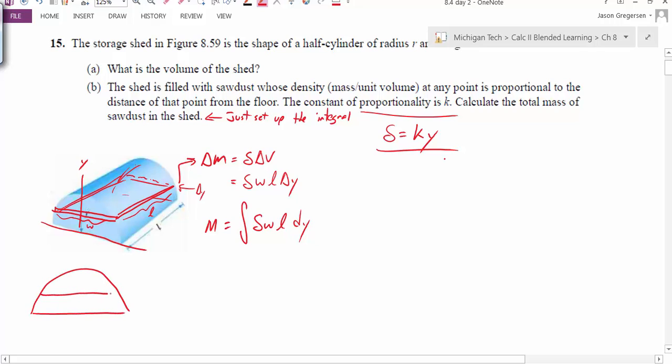I'm going to draw that front face of the slice like this. Now y is the distance, the vertical distance to my slice. And I'm going to make a little right triangle here. Here's my little right triangle. Now what are the distances on this right triangle? What is this leg of the triangle? What is that one?